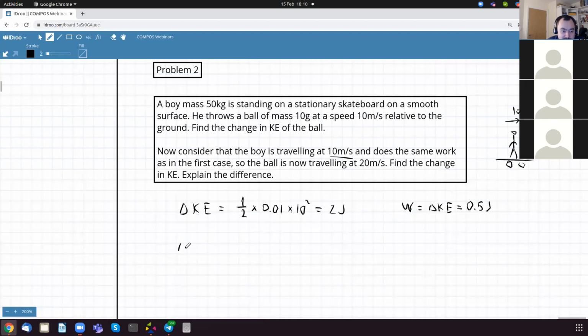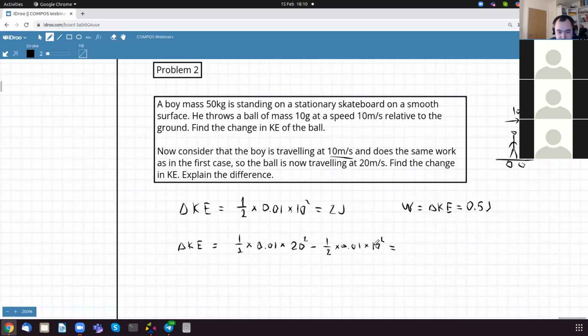So the change in kinetic energy of the ball is the final kinetic energy, 1/2 times 0.01 times 20 squared, minus the initial, which is 0.01 times 10 squared, which is slightly bigger.